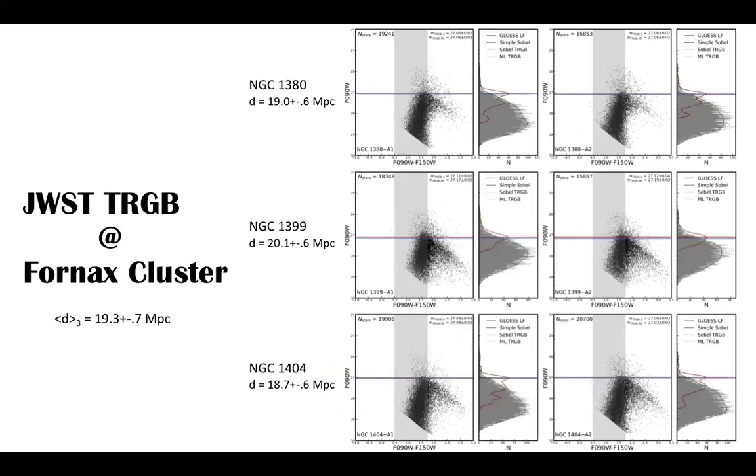Here now we've got a program in Cycle 2 of JWST to look at 14 nearby rich elliptical galaxies, where we can see the TRGB and we can calibrate surface brightness fluctuations. These are the first 3 to come in, and they're all in the Fornax cluster.